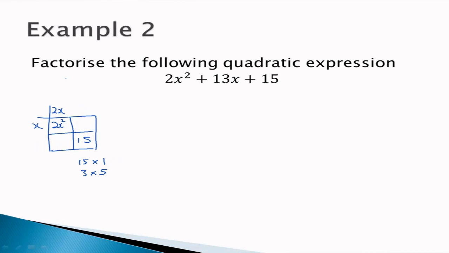So I guess now we have to use this. So maybe I'll try out 5 and 3 here. So 5 times x gives me 5x. 2x times 3 gives me 6x. And what is 5x plus 6x? It is 11x. Okay, and it's not right. So maybe I'll rearrange them. So I will try 3 and 5.